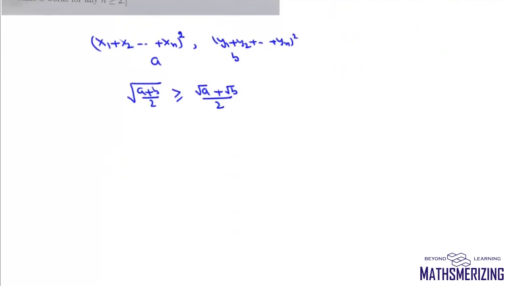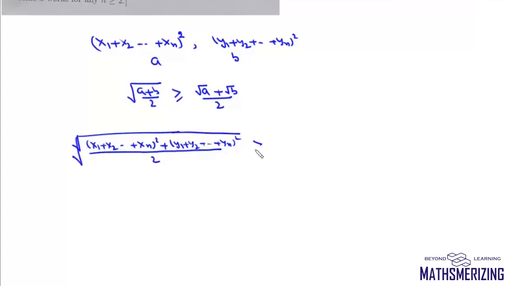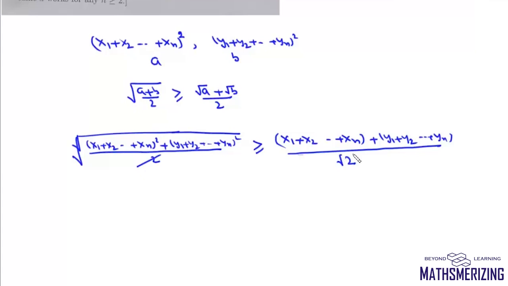So from here we can clearly say that under root of x1 plus x2 plus xn whole square plus y1 plus y2 plus yn whole square by 2, it is always greater than or equal to x1 plus x2 plus xn plus y1 plus y2 plus yn whole divided by 2. Now we'll cancel this root 2 with 2, so it will be this root 2.